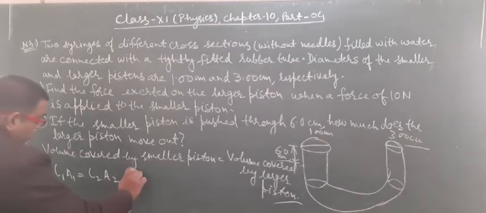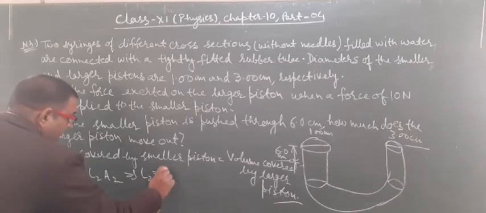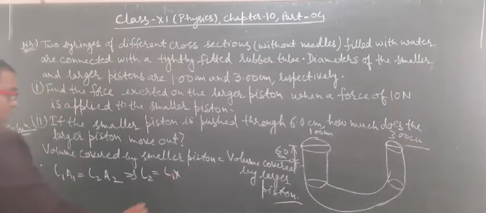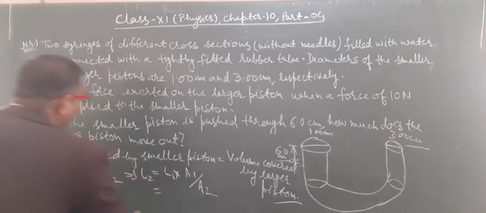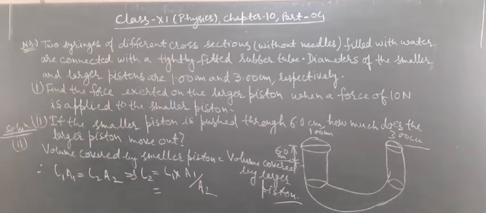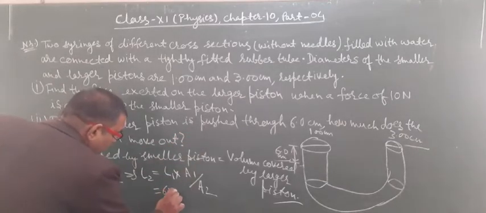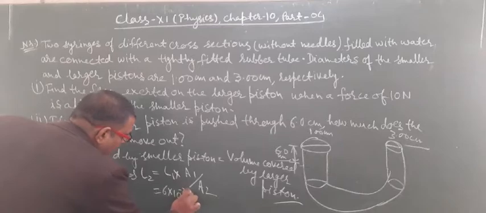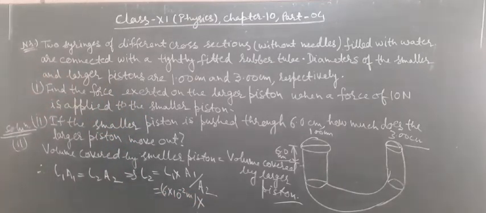So L2 is equal to L1 into A1 upon A2, and L1 is given as 6 centimeter, which means 6 into 10 to the power minus 2 meter.